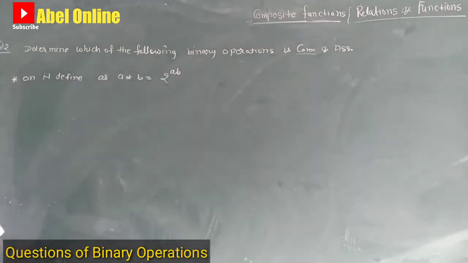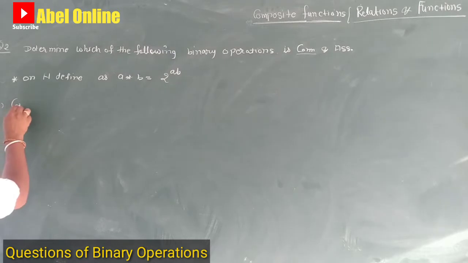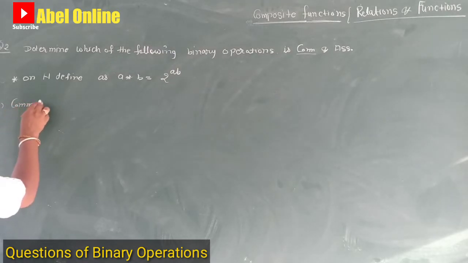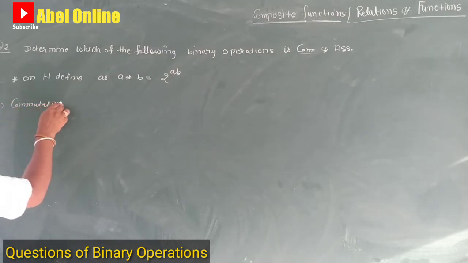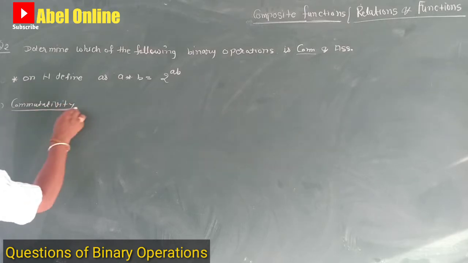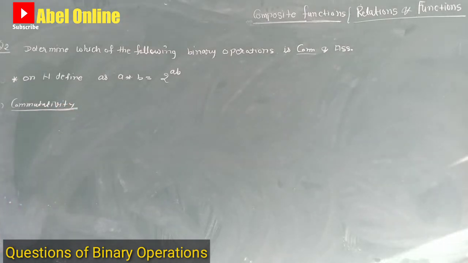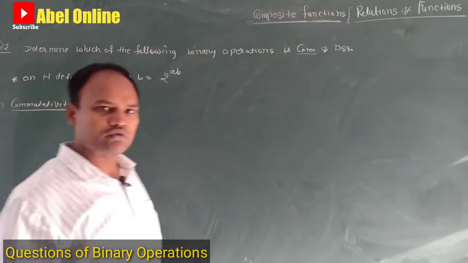So number 1, we have to prove commutativity. And how can we solve?